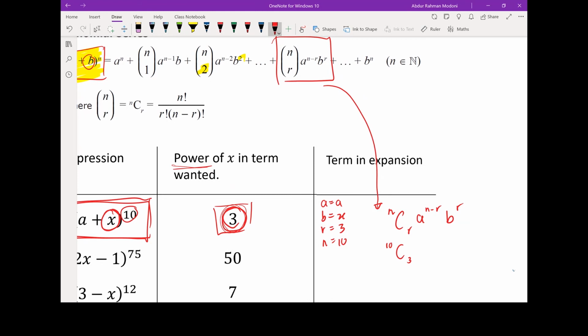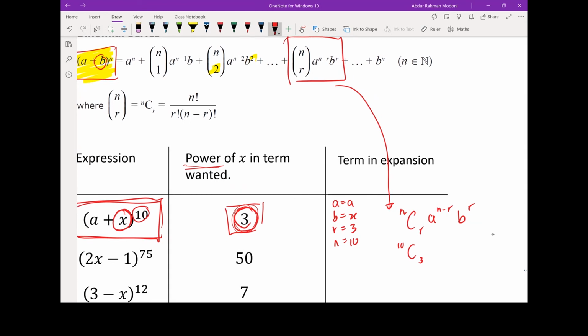My a, from the expression, I can see it's still a, isn't it? To the power of n minus r. Can you see what n minus r is? 10 minus 3. So I'm going to do that straight away. Instead of writing n minus r or 10 minus 3, I've written that straight away. And my b is x, and to the power of r is 3. So what I've then found is that particular term, the term which has x cubed in it, because I'm not interested in all of them.